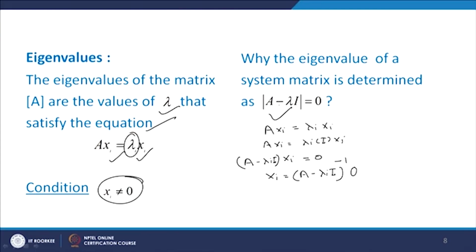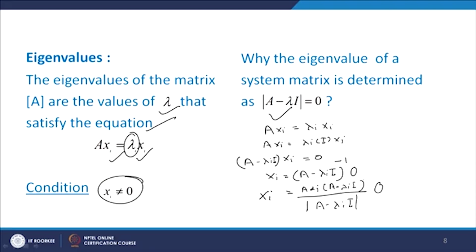Therefore, what we can do here is write the inverse of A minus lambda I as the adjoint of A minus lambda I divided by the determinant of A minus lambda I, multiplied by 0, that is xi. Now, in order to have xi non-zero, what is the possibility?